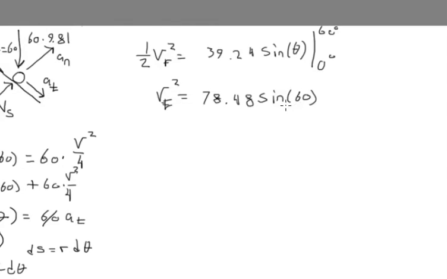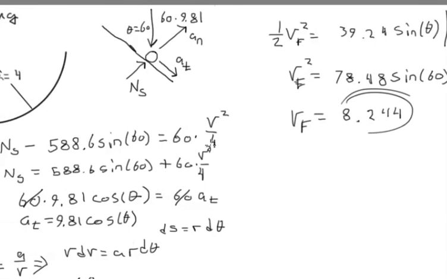And of course the lower limit, sine of 0, is 0, so you don't even have to worry about it. So v final equals the square root of this number, to the 0.5, 8.244, and that's your final velocity.